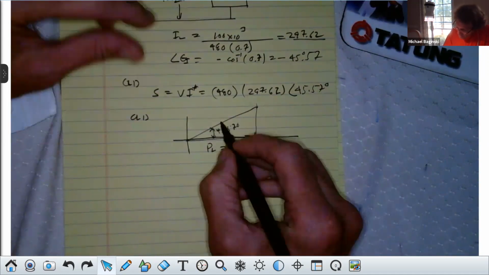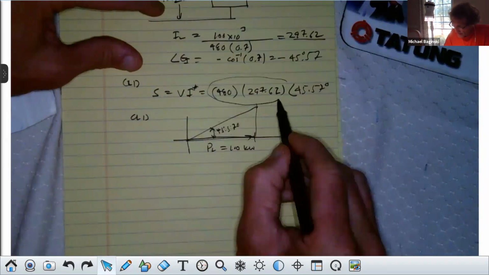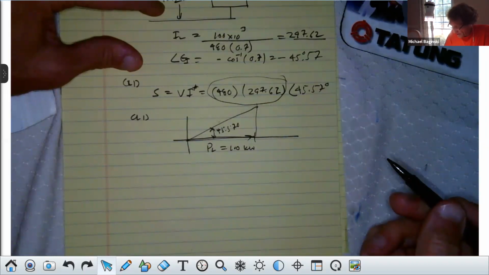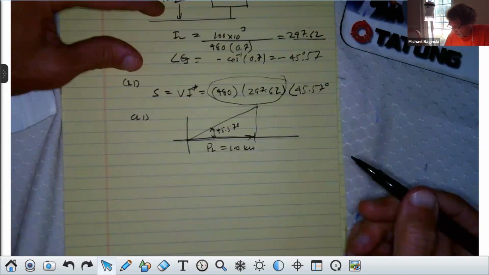And this is the complex power, which is going to be the magnitude of these two multiplied together. If somebody can give that to me, I'd appreciate it. It's greater than 100 kW, that's for sure. It's about 140 kW, somewhere in that neighborhood.